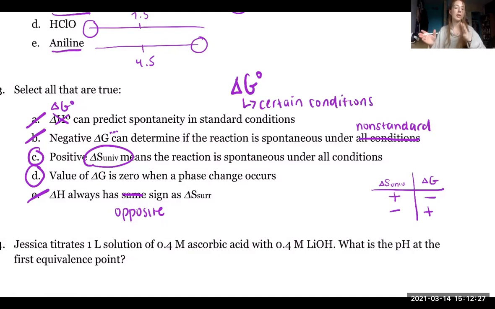They chose those conditions, and they said everything not in these perfect conditions will be just regular delta G, non-standard. Okay. Yes, Ian. So make sure you know this because we'll be dealing a lot with delta G.